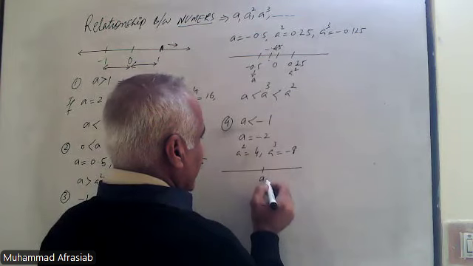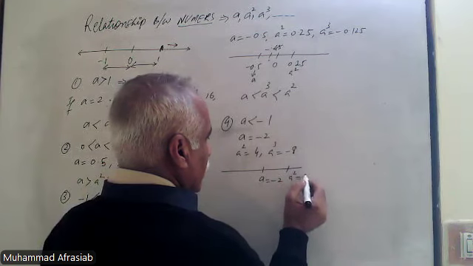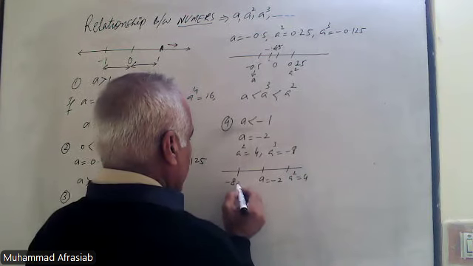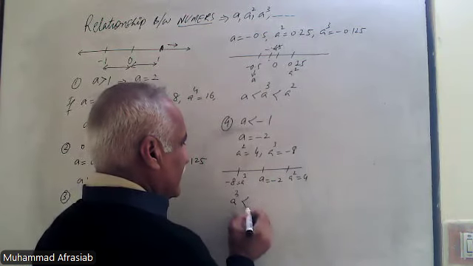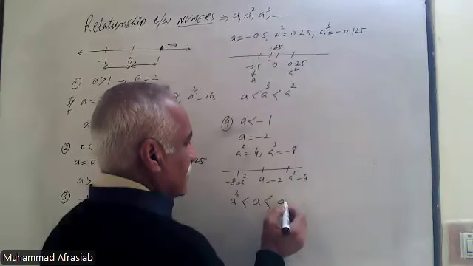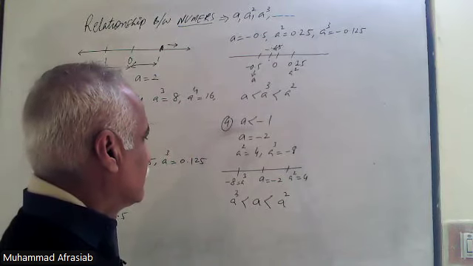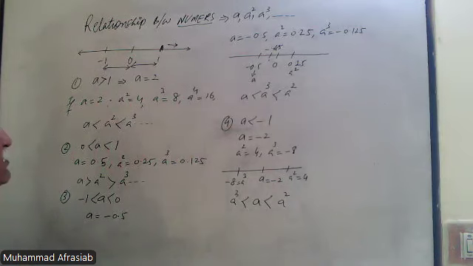So this means a cube is less than a, is less than a square. So these are the categories in which we have defined the numbers: between -1, 0, and 1, before -1, and after +1.